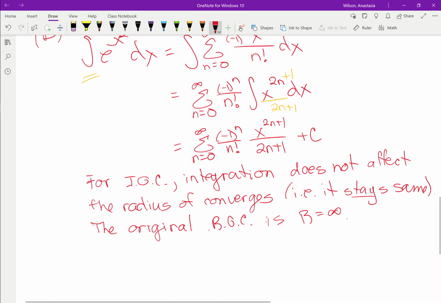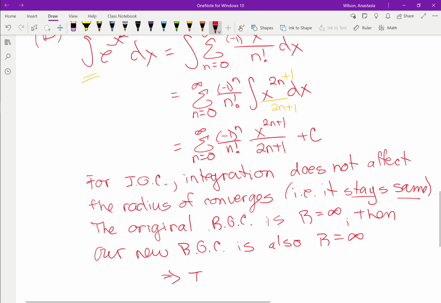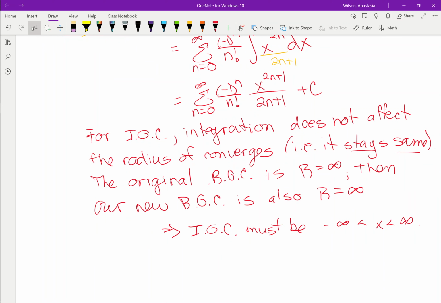If that stays the same, then our new radius of convergence is also r equals infinity, which means that our interval of convergence must be the same infinite interval from negative infinity to positive infinity.